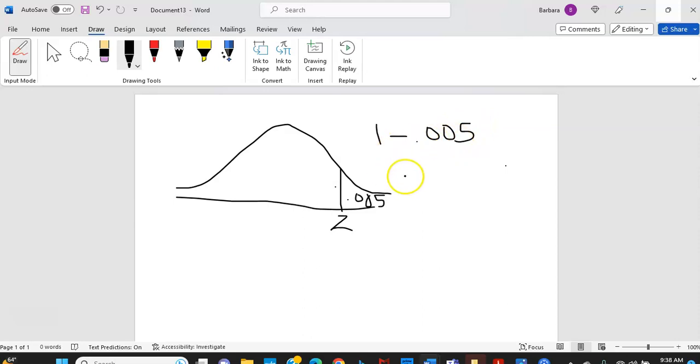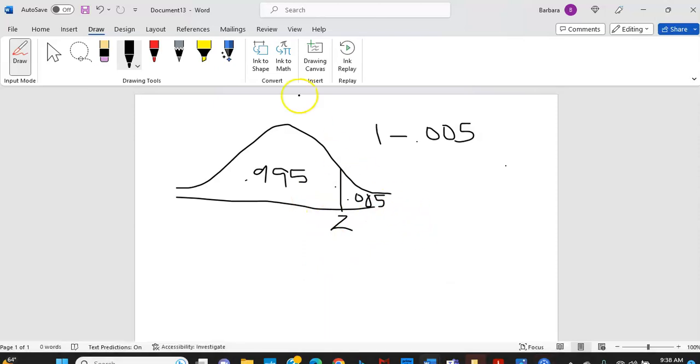So this will be 0.995, and we're going to put 0.995 into Excel and see what Z value we get out.